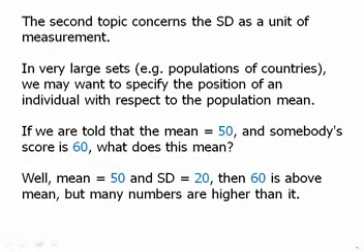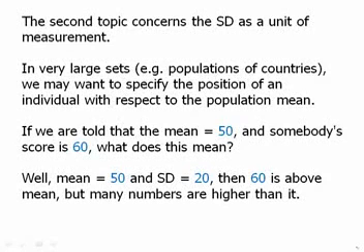If the mean is 50 and the standard deviation is 20, then 60 is above the mean. It's half a standard deviation above the mean, but presumably many numbers are going to be higher than that. It would not be unusual in a set to have numbers that are as far as a standard deviation away from the mean or even further. So we'd certainly expect that there be some numbers that are one standard deviation above the mean, maybe even one and a half standard deviations above the mean.